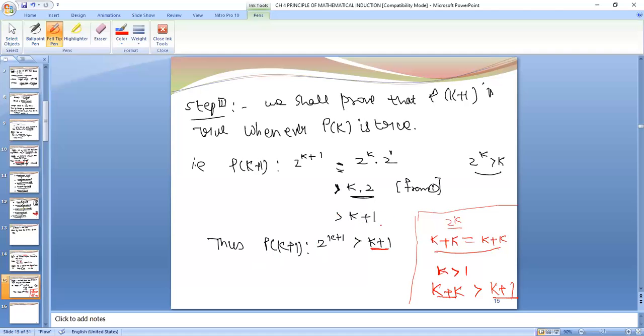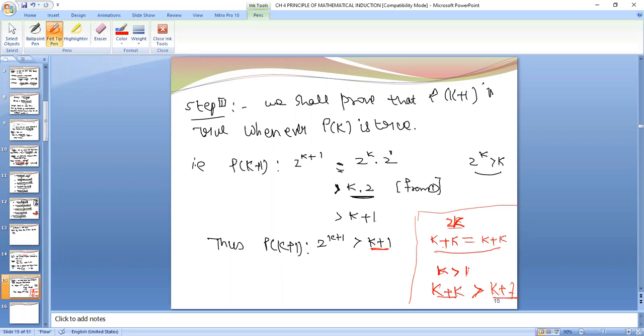But you must be knowing why 2 into k is greater than k plus 1. Because we are taking all values of k greater than 1. For k equal to 1 we have already proved. So k greater than 1, adding k to both sides, k plus k will be greater than k plus 1, right?